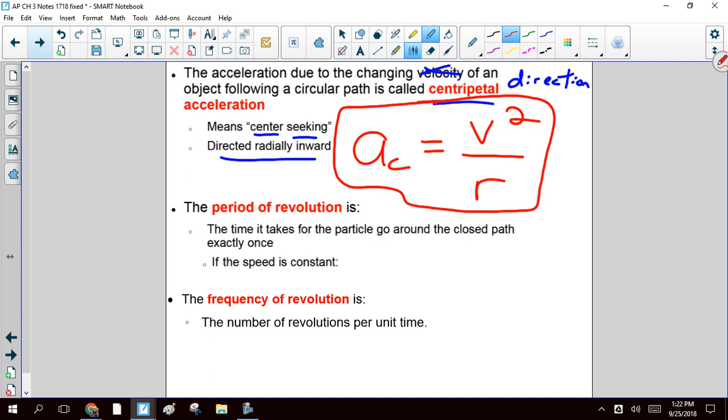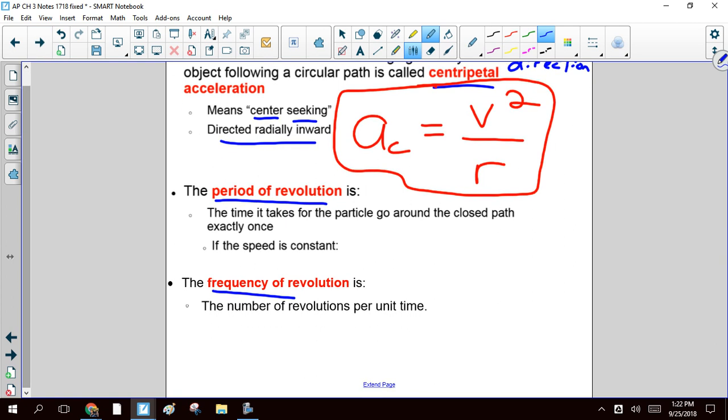All right, so two other quick definitions. You need to make sure you understand what period and frequency are. The symbol for period is the capital letter T, and that is defined as the number of seconds that it takes for an object to complete one revolution. Frequency is the number of revolutions that your object completes per unit time.